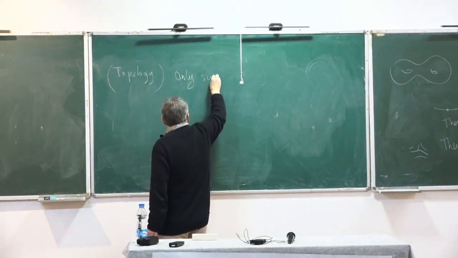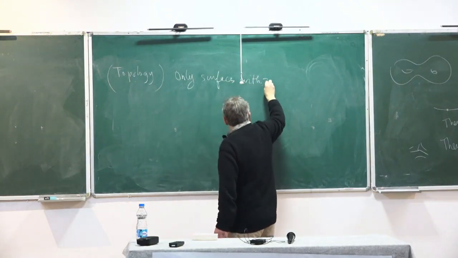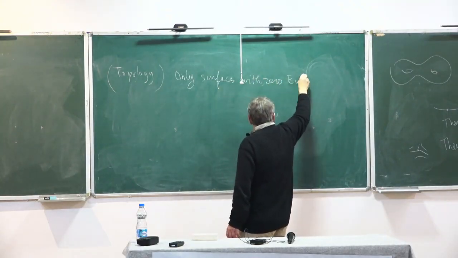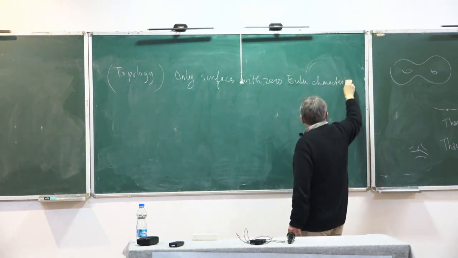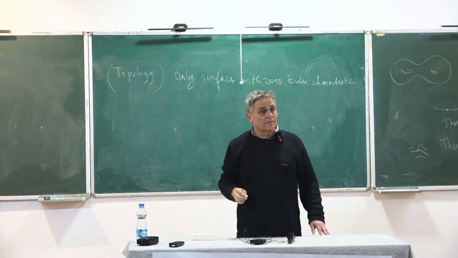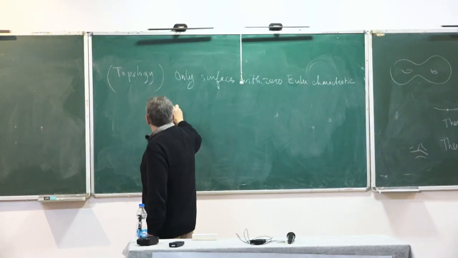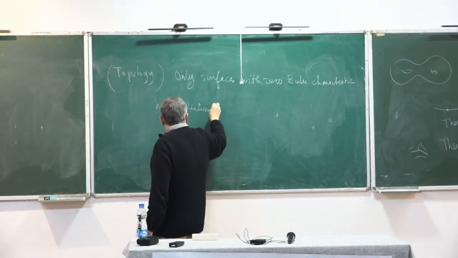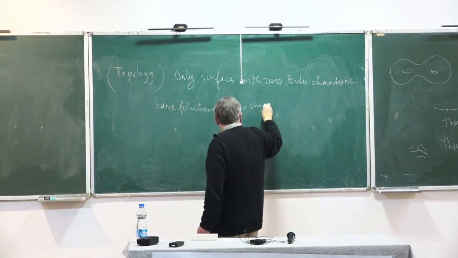Only surfaces with zero Euler characteristic. Have you heard about Euler characteristic? Okay. Have foliations with no singular point.